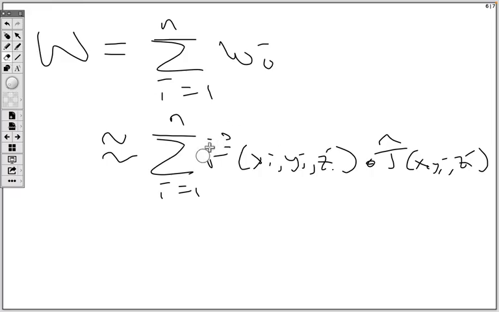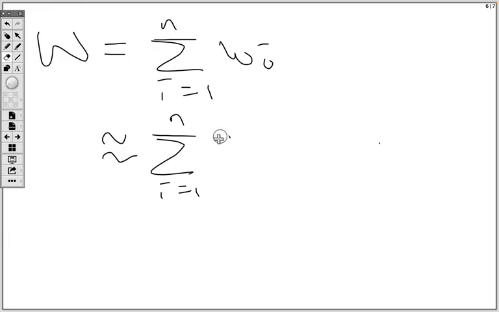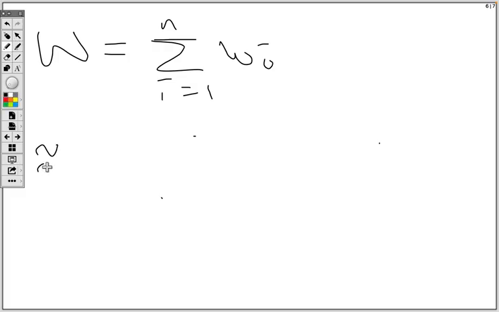So once again, I've run out of room here, so I'll just start way over here, because this is an approximation. It's an approximation that will turn into an equal sign at the limit.